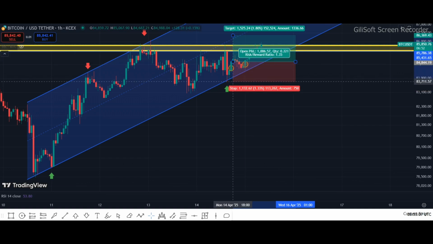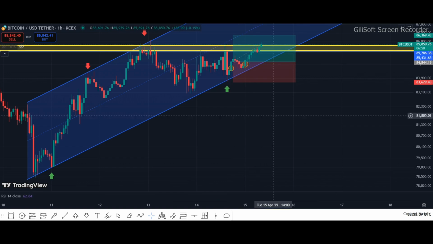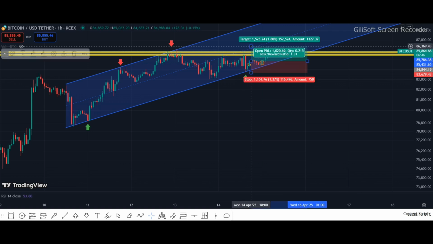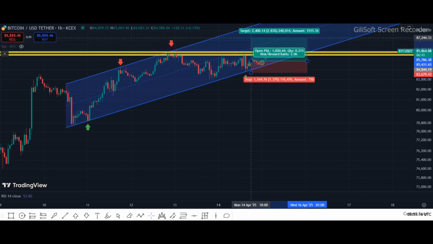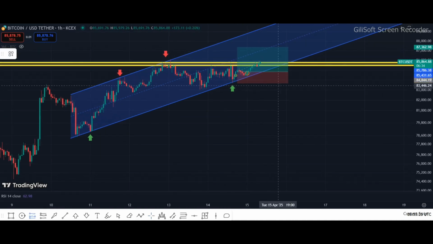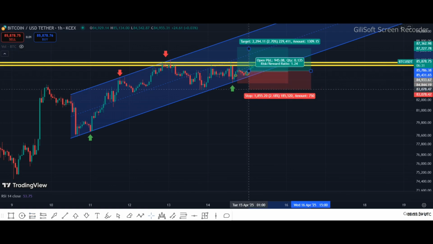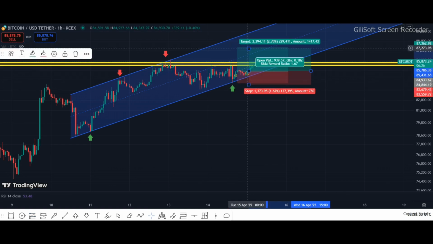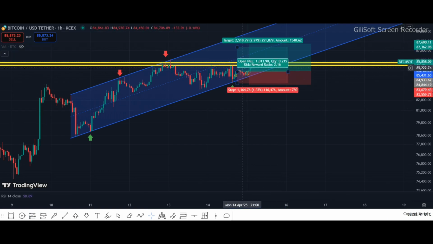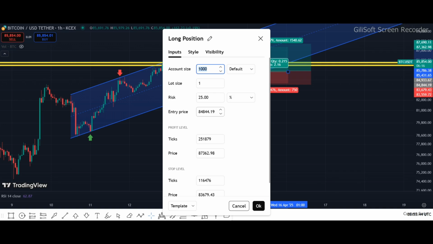We can open 2 long trades here because the price has returned to the point we wanted to open twice. But I'll tell you only the points of one trade.